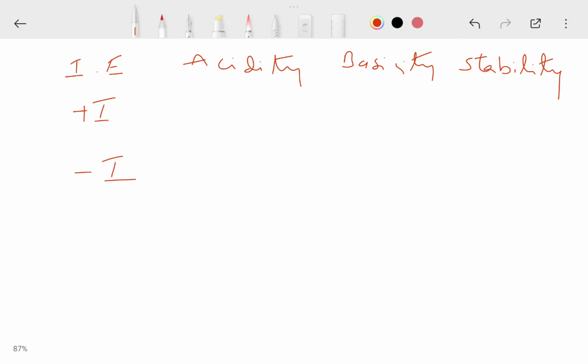Plus I groups decrease the acidity of carboxylic acids. Minus I groups increase the acidity of carboxylic acids. Plus I groups increase the basicity of amines. Minus I groups decrease the basicity of amines. Plus I groups increase the stability of carbonium ion. Minus I groups decrease the stability of carbonium ion.